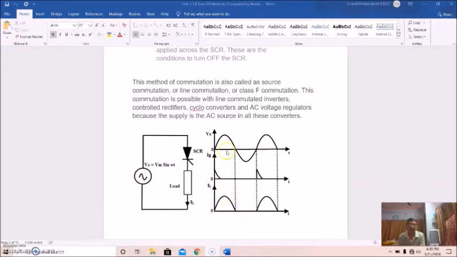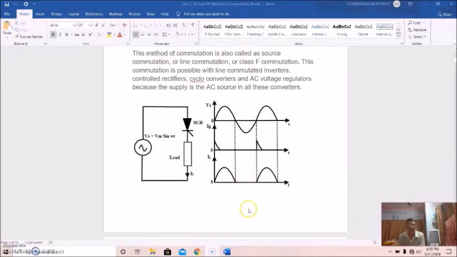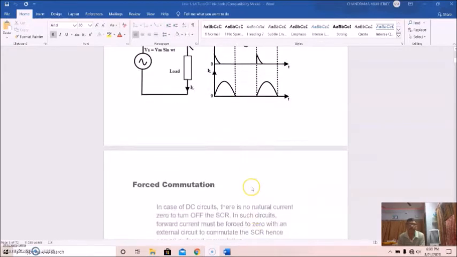You see the load current at this point, where the voltage naturally goes to the negative half. That means the current automatically goes to zero, and a reverse voltage is also applied across the thyristor during this negative half cycle, and as a result the thyristor gets commutated. So this is known as natural commutation.